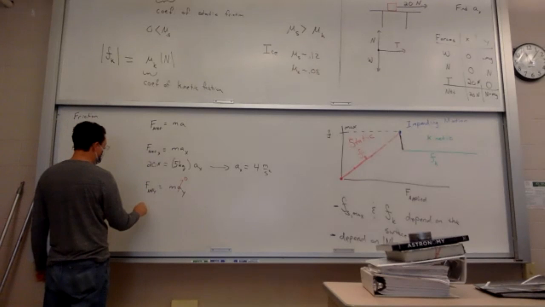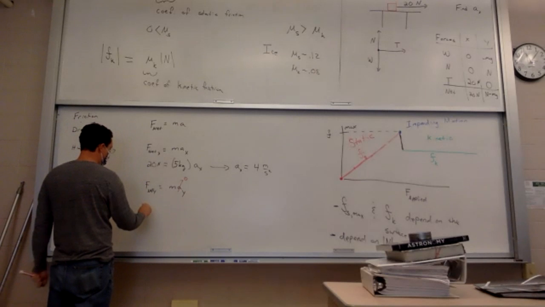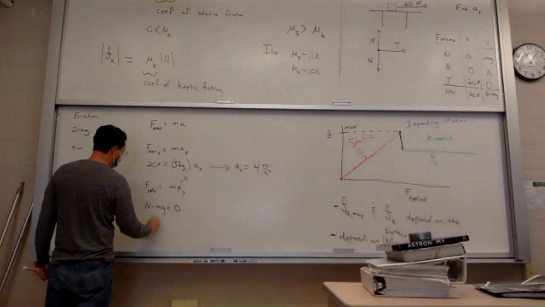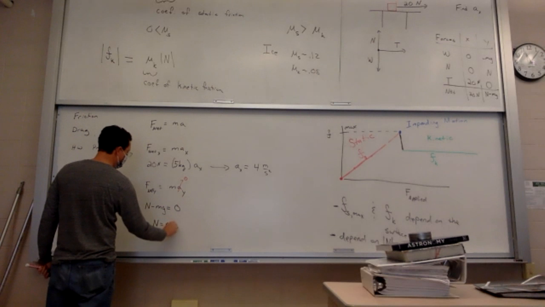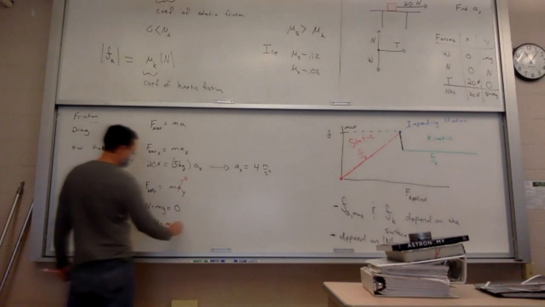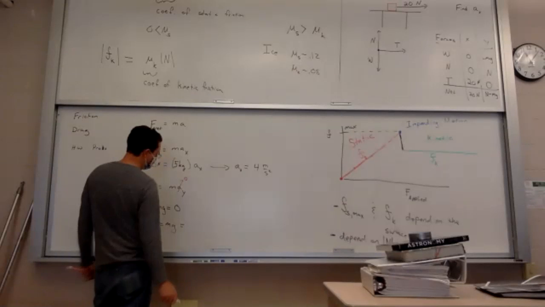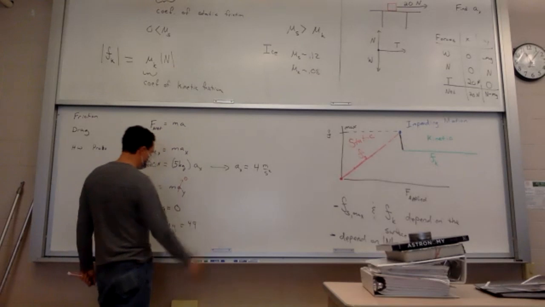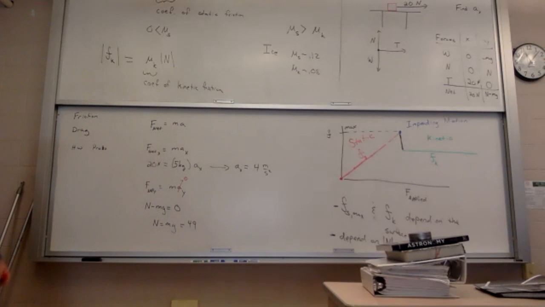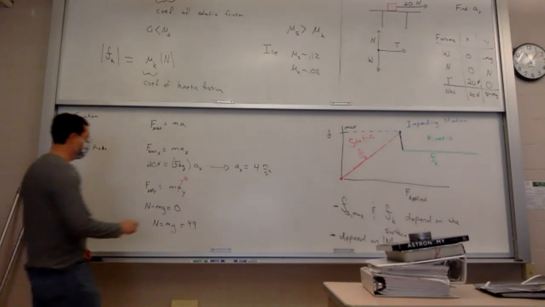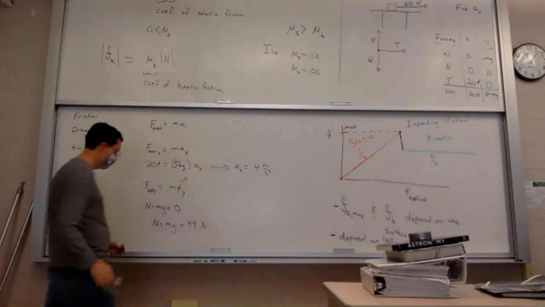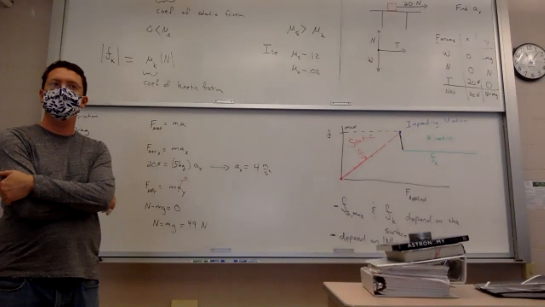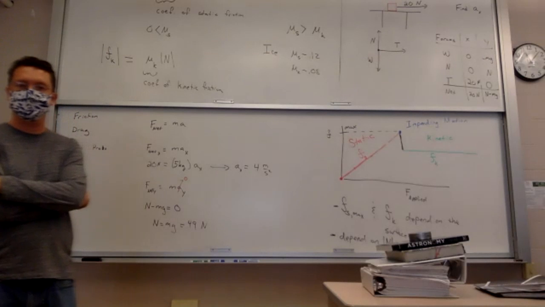So I know that this number is 0. And now I can turn that around to say the normal force minus mg equals 0, or normal force equals mg. Plug in numbers and 49. That's the process.